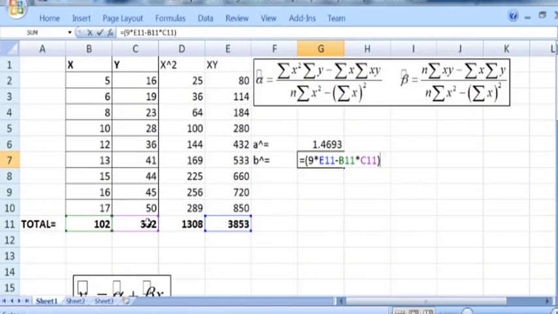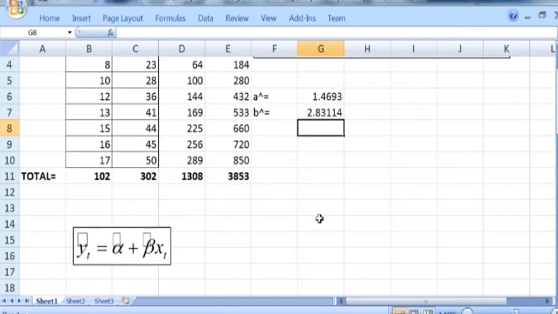This will give us the numerator divided by the denominator, which is n, 9 times summation x square D11, minus summation x whole square B11 cap sign 2. That's it. Just press enter, you will get the estimated value of beta, which is called beta hat. So it is 2.83114.